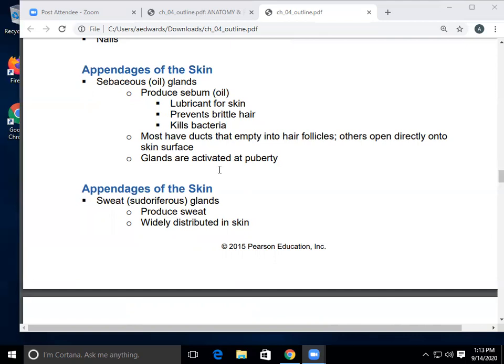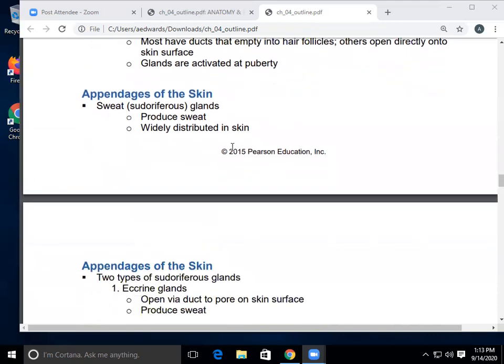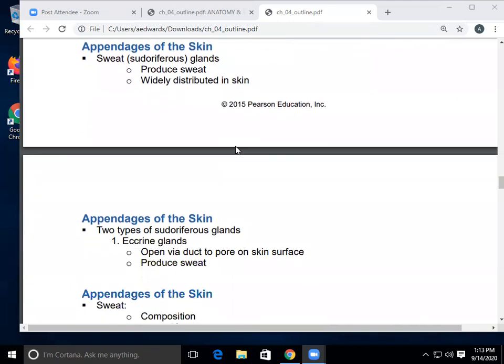All right. So appendages also include the sweat glands, also known as sudoriferous glands. Say that three times. Sudoriferous. All right, y'all got it.